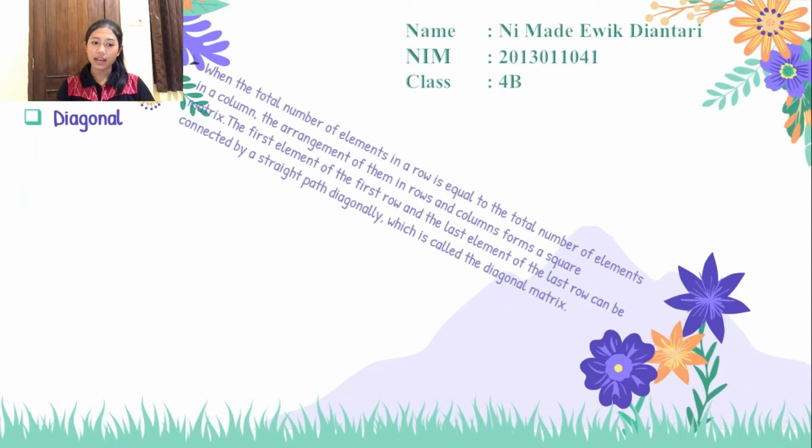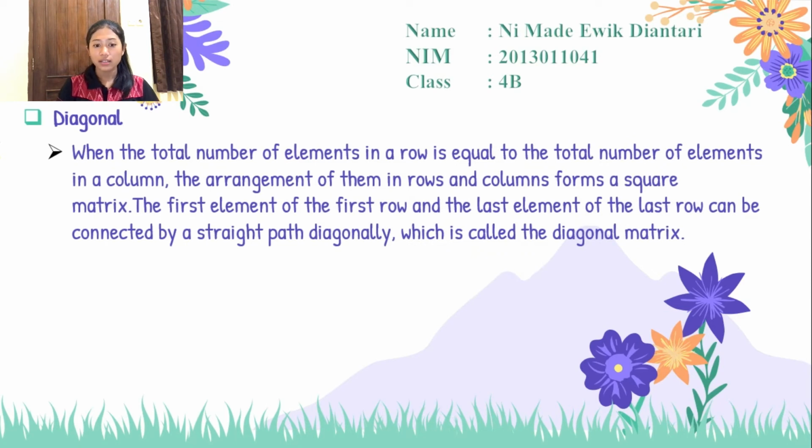Okay, next, diagonal. When the total number of elements in a row is equal to the total number of elements in a column, the arrangement of them in rows and columns forms a square matrix. The first element of the first row and the last element of the last row can be connected by a straight path diagonally, which is called the diagonal of the matrix.